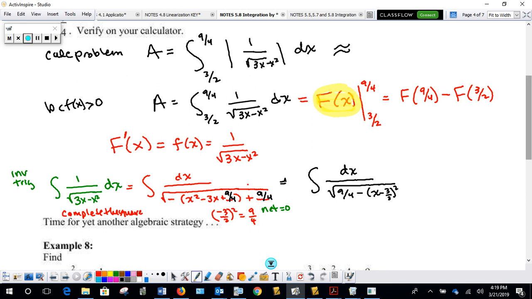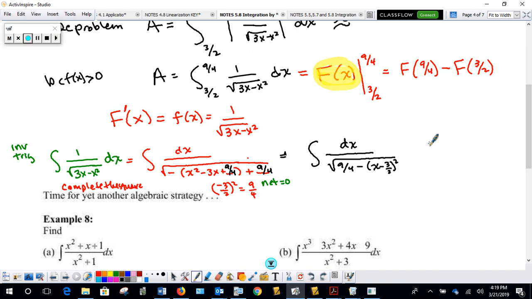And so once I get it to there, I see that this is an inverse trig rule. It is going to be arc sine. And so when I do the problem, I identify my a is going to be 3/2, my u is going to be x minus 3/2, and my du is going to be dx.